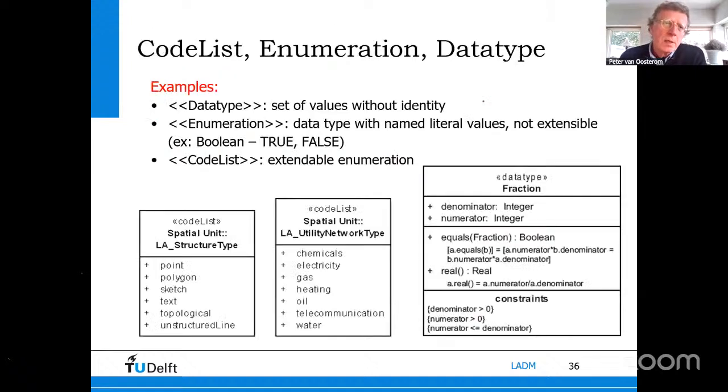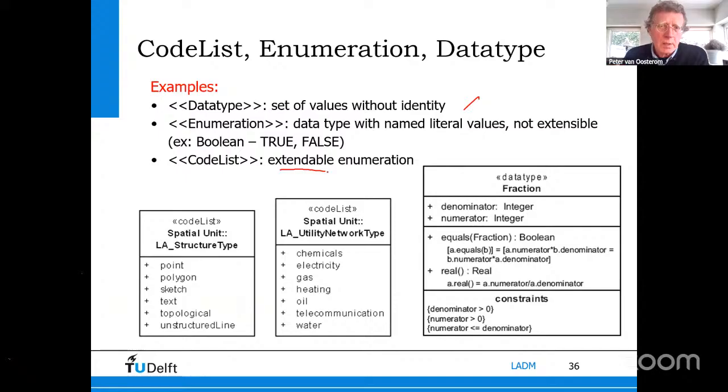Then for the data types, you can have simple data types like integers or characters, real numbers or dates. You can have enumeration data types, like a Boolean, which is only true and false. Or you can have a code list, a limited list of allowed values, but this list is extensible.